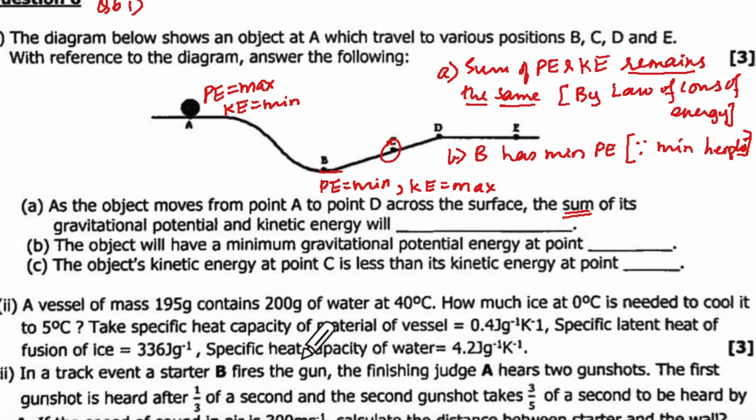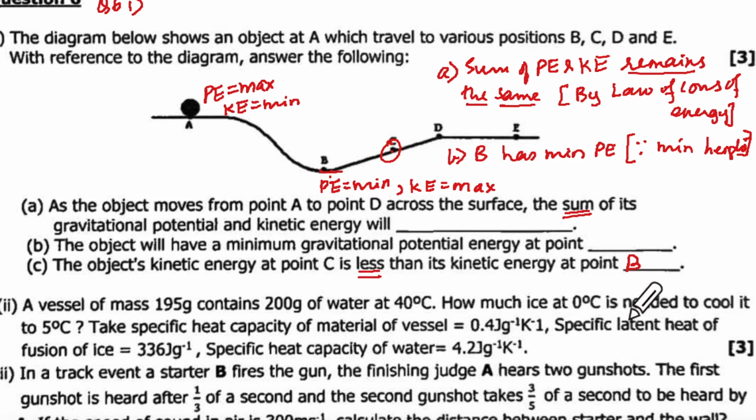How will you understand and remember, Babu? Quickly you have to move your hand. So now tell me, this C is in between, no? So C will have less kinetic energy compared to B, but more kinetic energy compared to A. What did they say? KE at C is less than B, it will be, no?